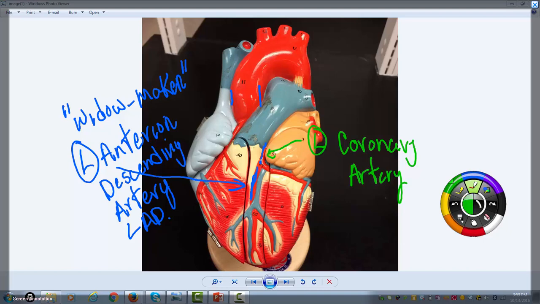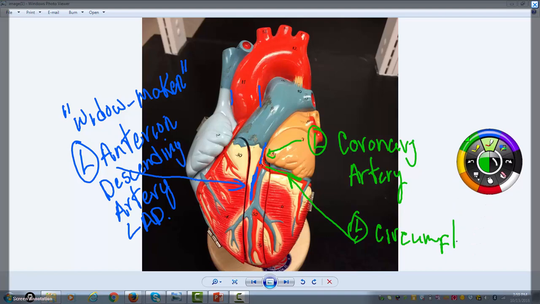Then you've got the left main, left anterior descending. Then you have what's called the left circumflex artery, and that supplies oxygenated blood to the lateral, the outside aspect of the left ventricle. Now, this portion of the heart that separates the right and left ventricle is made of muscle.